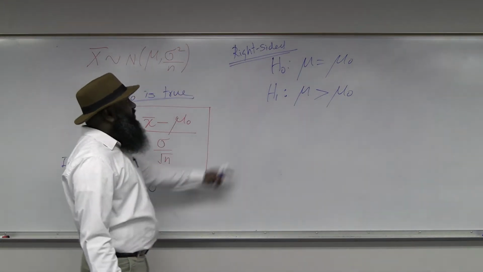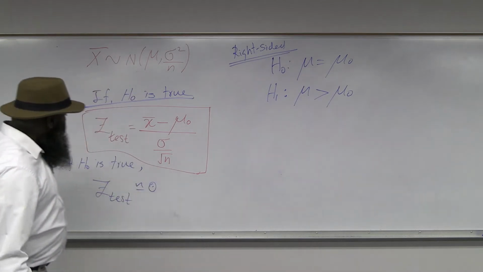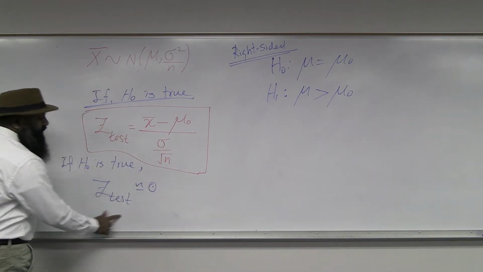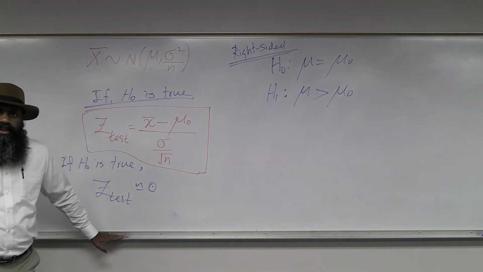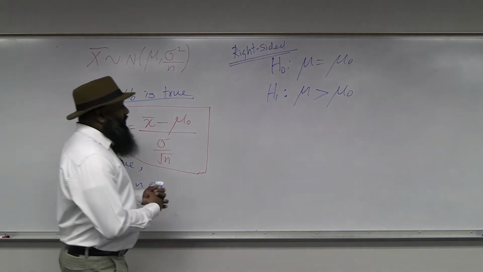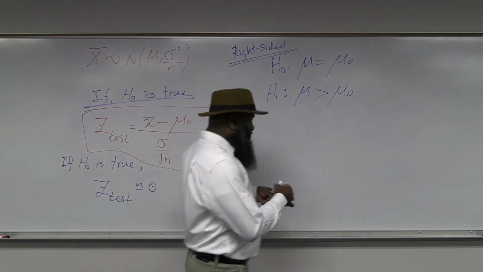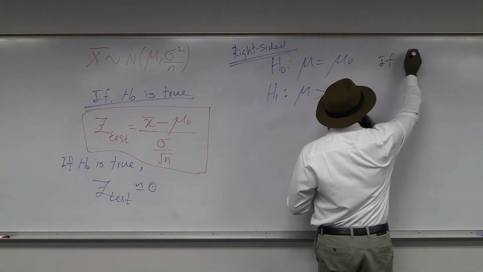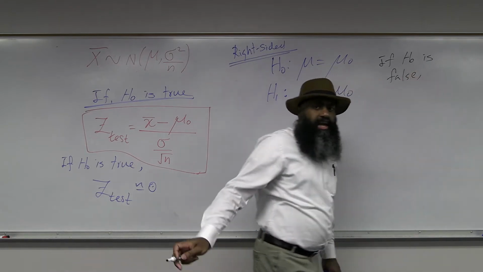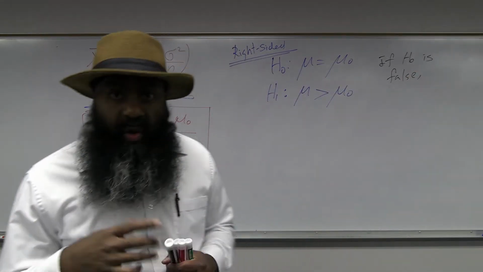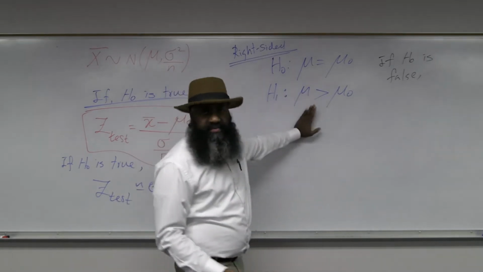Now, if my H0 is true, still this statement holds true. The test statistic should be approximately equal to 0. But on the other hand, if H0 is false, then eventually I will have to go ahead and accept the alternative.